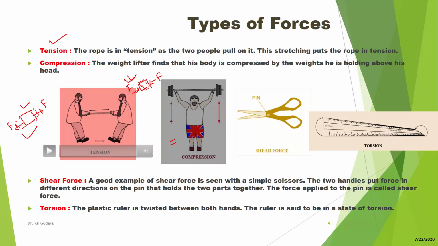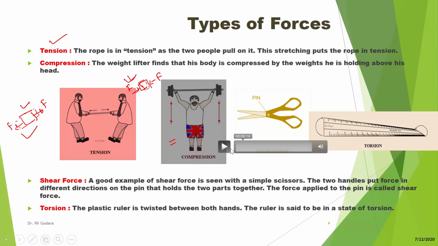For shear force we can take the example of a pair of scissors. On both handles the force is applied, and both handles apply force on the pin in opposite directions, and they will try to shear out the pin about a plane.